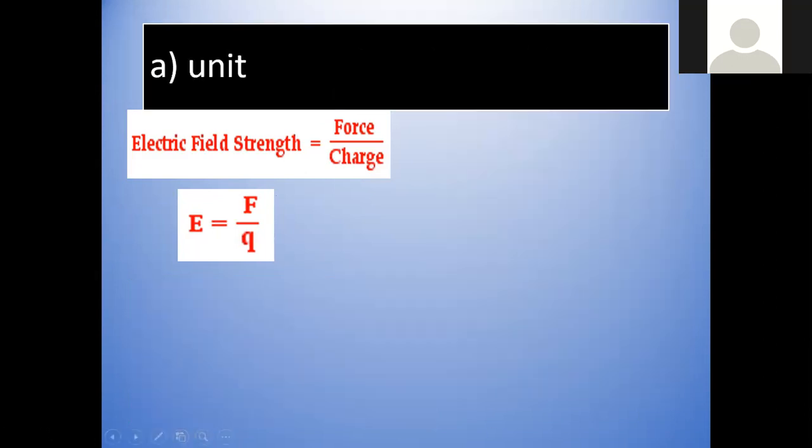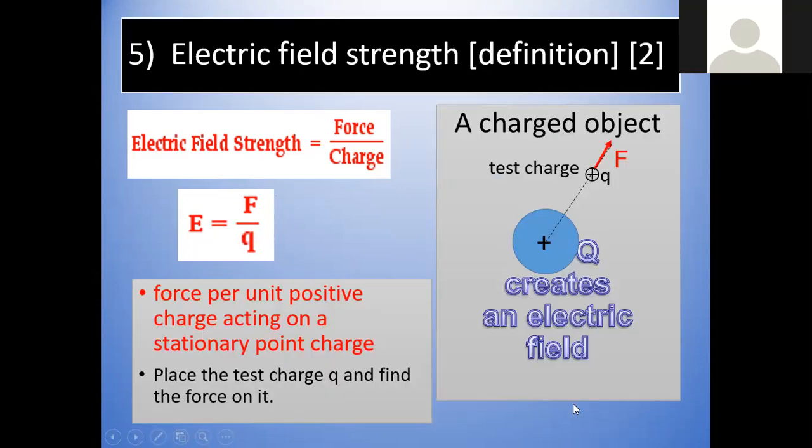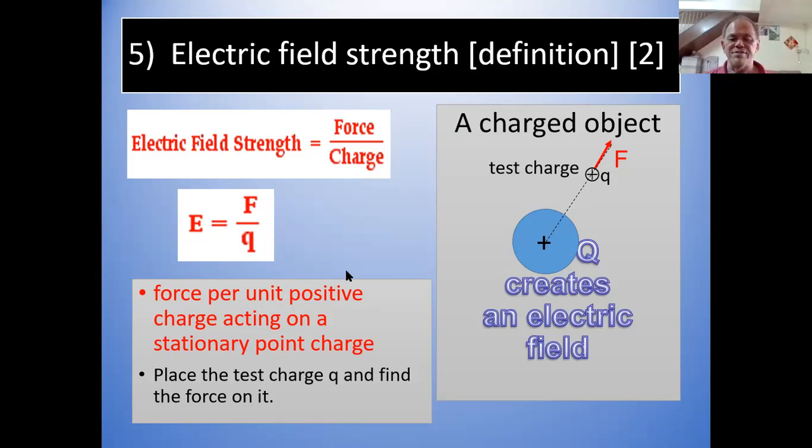So that big positive sphere has nothing to do with the small one. The big one contributes to the field. We are not interested in it. It can be anything. We are interested in how to measure the field. We put a test charge there, find the force on the test charge, and divide. That's all. We are interested in the test charge and the strength of the electric field created by the big one.